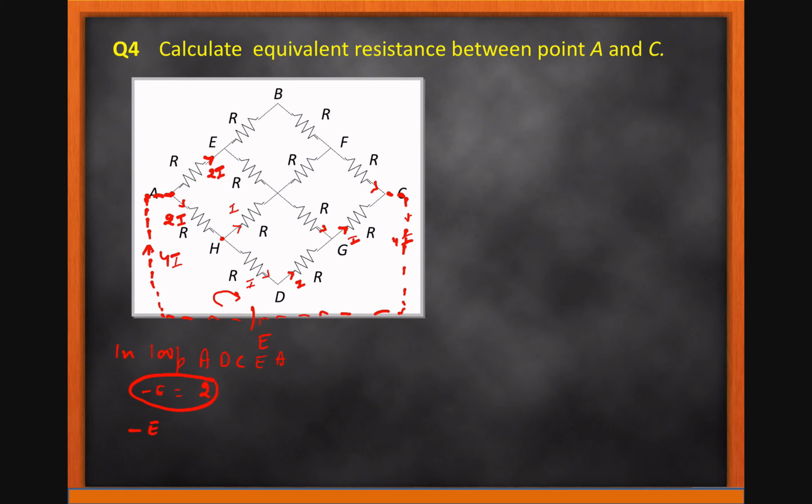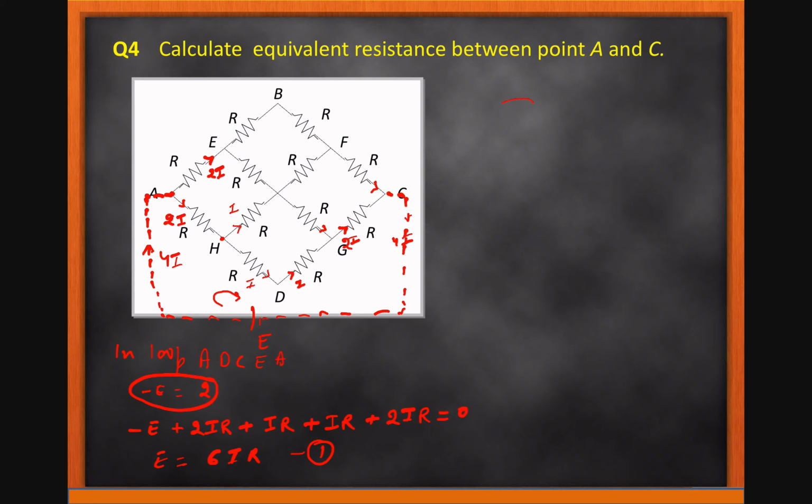Minus E plus 2IR plus IR plus IR plus 2IR is equal to 0. So it means E is equal to 1, 2, 3, 6 IR, equation 1.